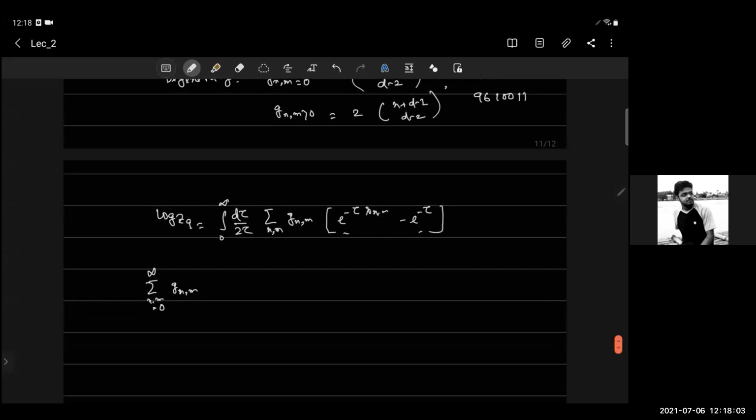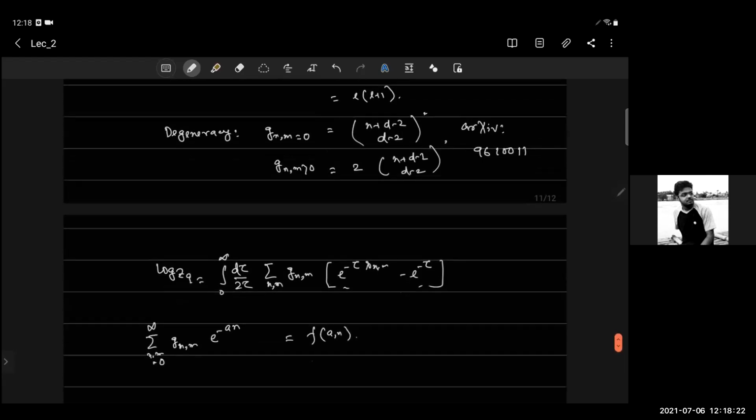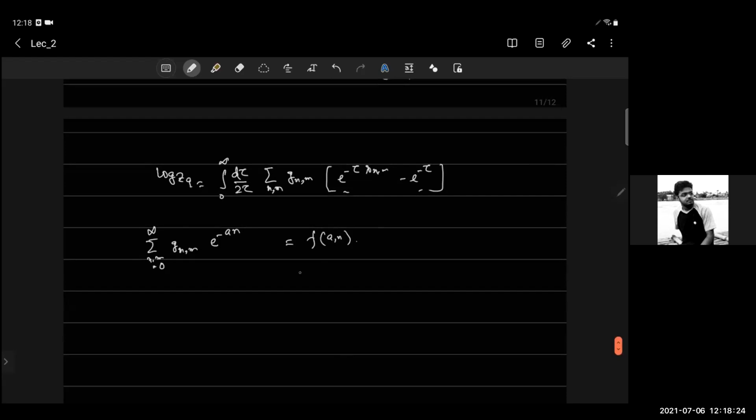So first you take the expression of g_nm, use a regulator exponential of minus a n, perform the sum, and get some expression f(a). You see g_nm doesn't have an m dependence. Now you expand it in a Taylor series and collect the term which is a independent.